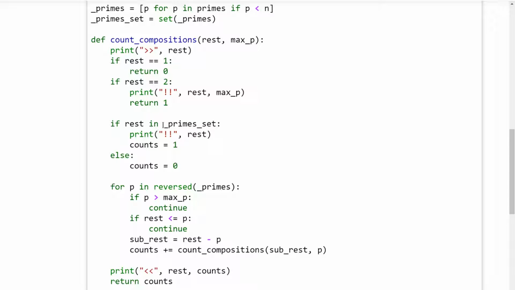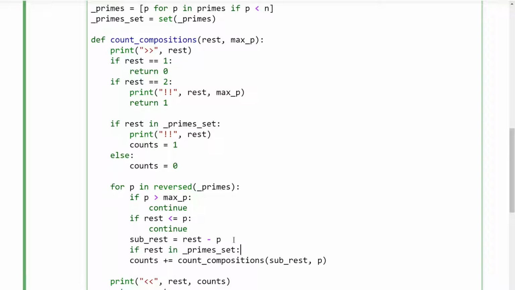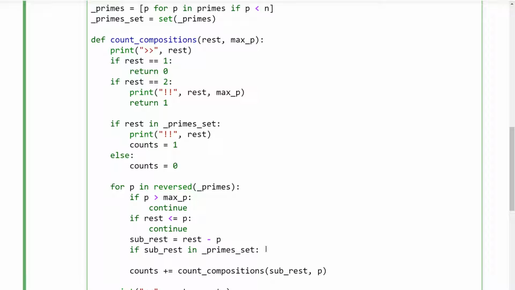I think if res in prime set we changed after the sub rest equal here. We just do this here, for subrest. And what then?